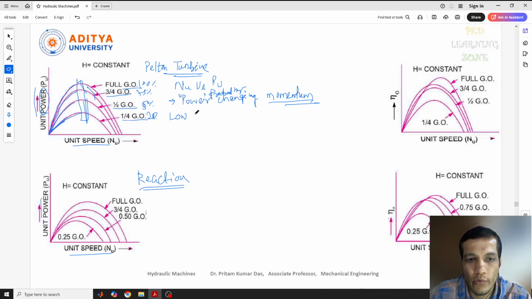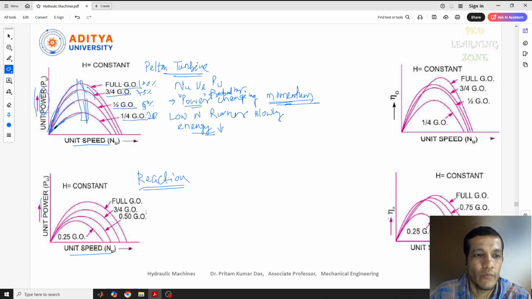At that point the jet strikes the bucket, but the energy transfer is not really possible, and very little energy is transferred. So at low speed, low power is developed. Low energy transferred means low momentum is created, and low power will be developed here.